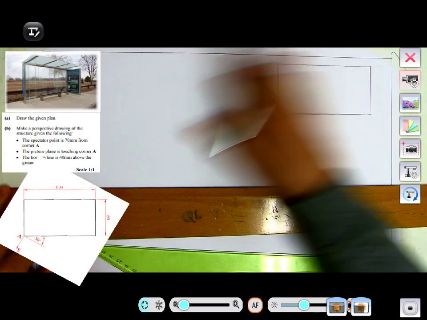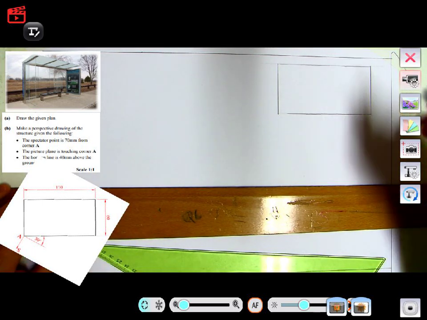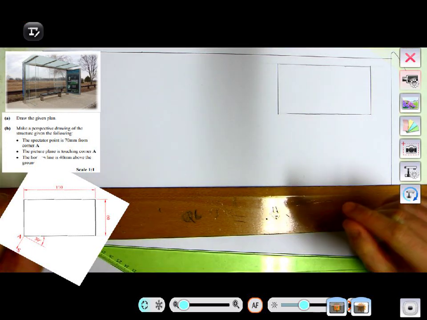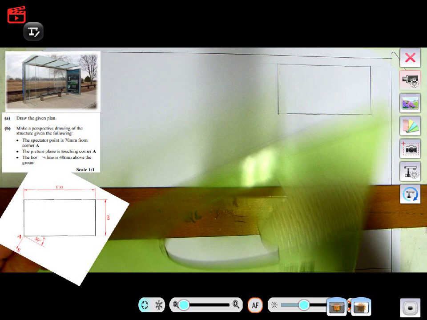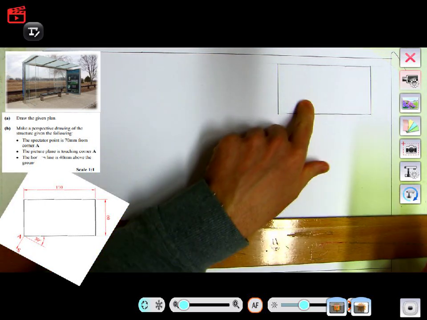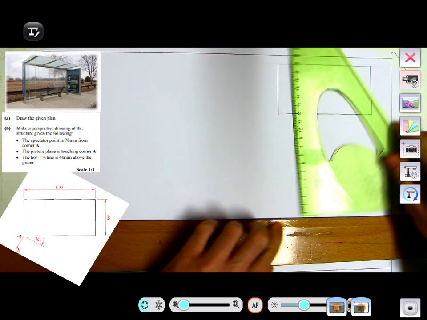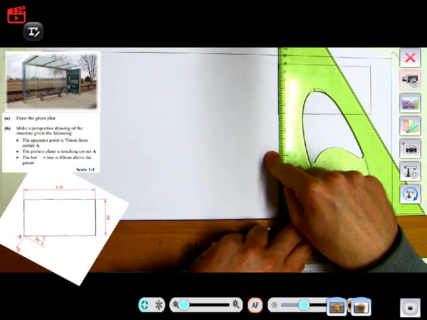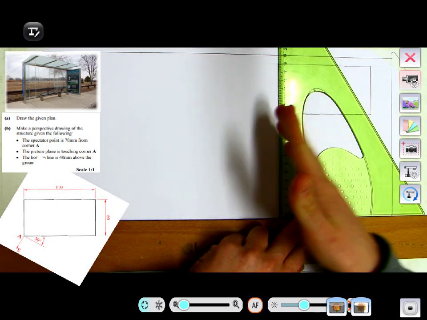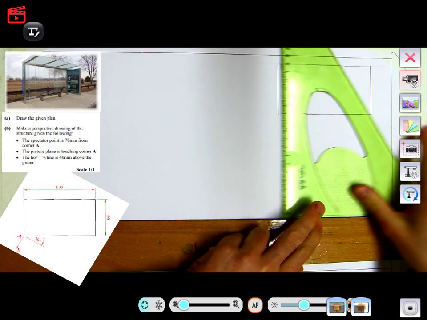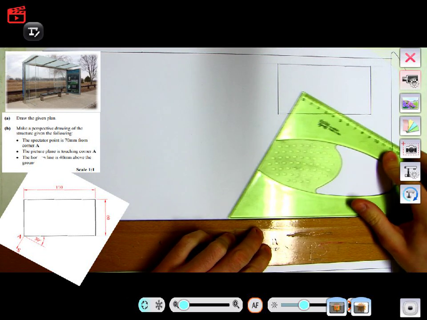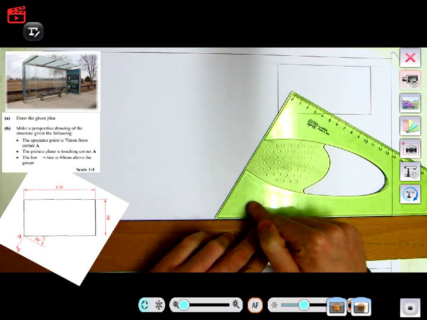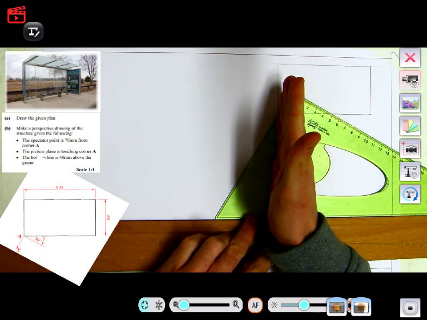Okay, so now we have our plan view. What I'm next going to do is find the angle of the spectator. So what we have is 120 degrees. There's 90 degrees from the front surface of the bus shelter, and we need to come out an extra 30. So therefore that would be a 60 degree angle on a set square, or 30 degrees to the 90.